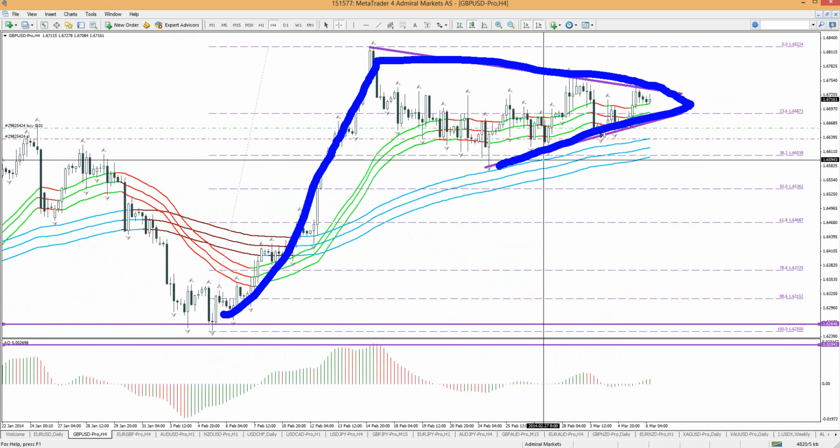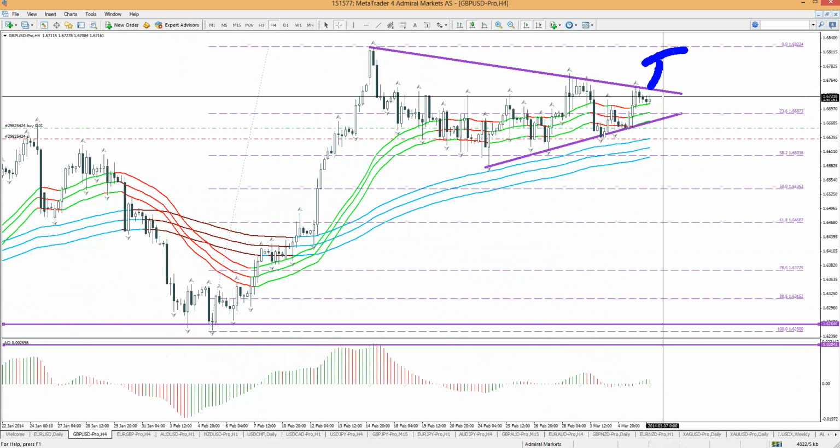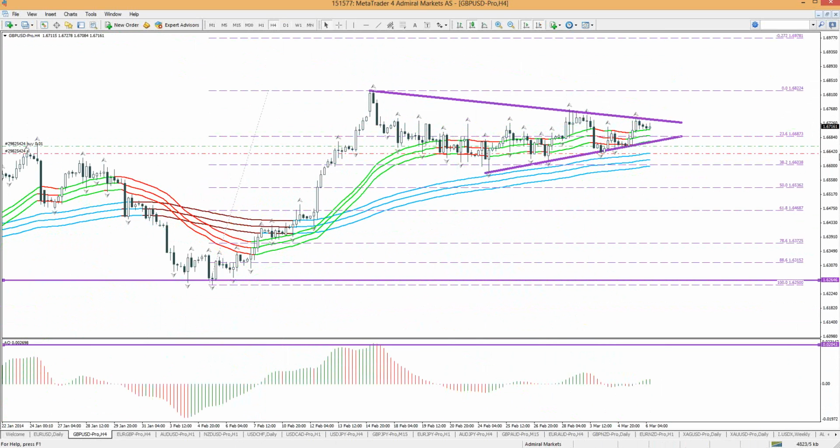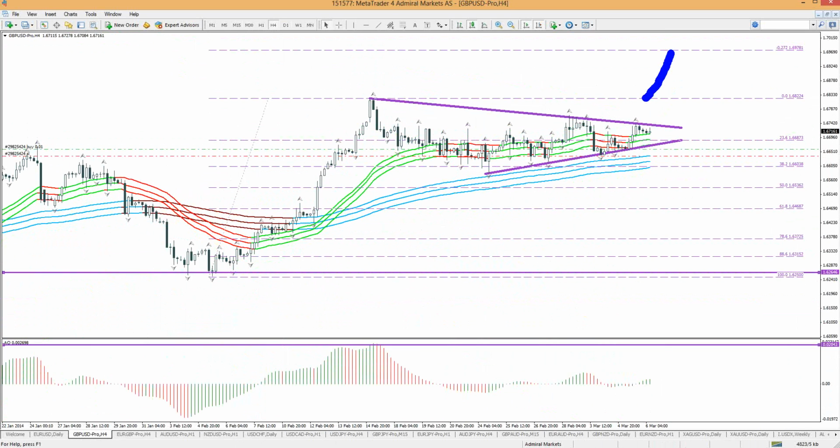This is looking like a consolidation, which means if we break above the triangle, we can have a breakout trade to the top, and then if we break the top, then we have a breakout trade to the minus 272, which is 169.78. That would be the upside breakout scenario. If we break the bottom of the triangle, we test the 38.2 fib at 166, and then maybe the 50 fib at 165.36, which would be the space to the downside.